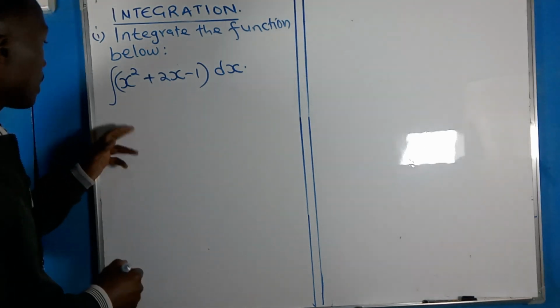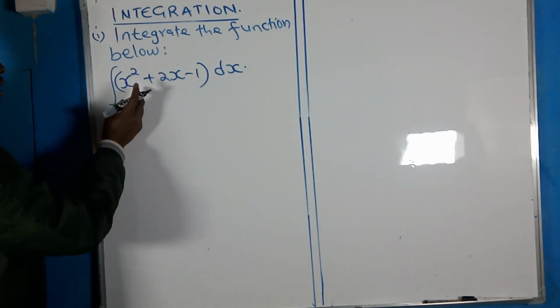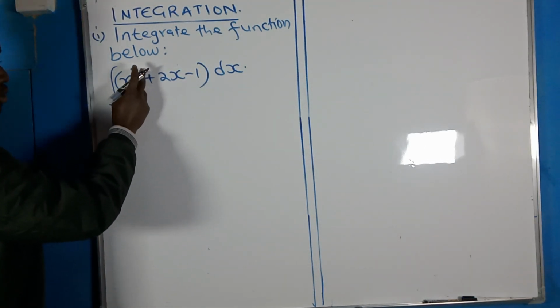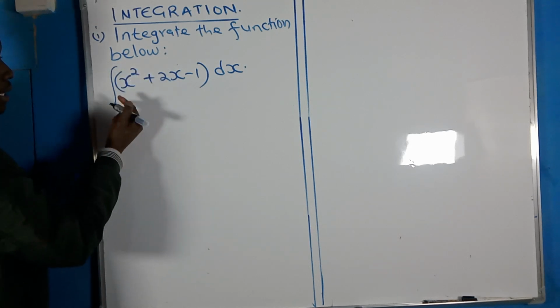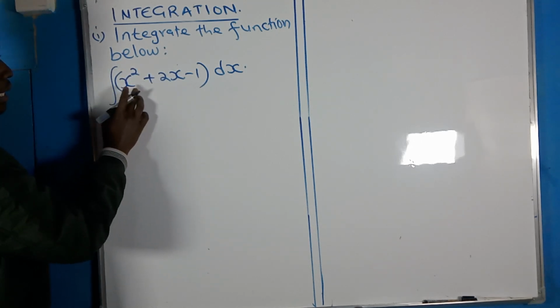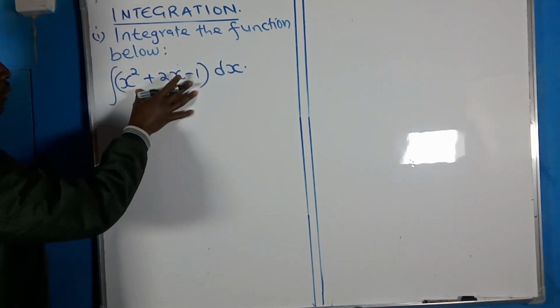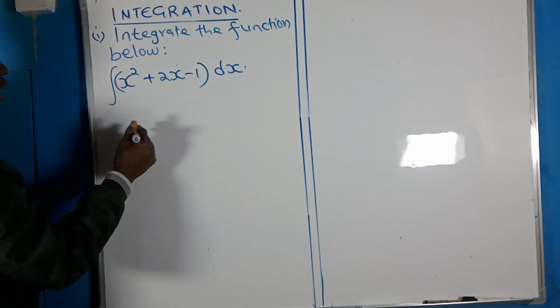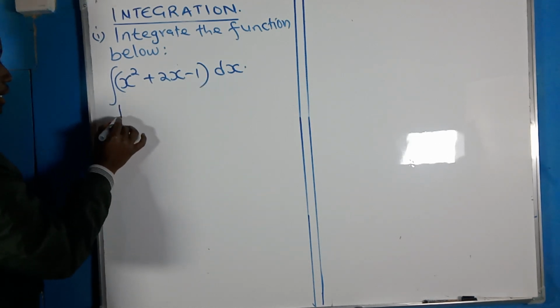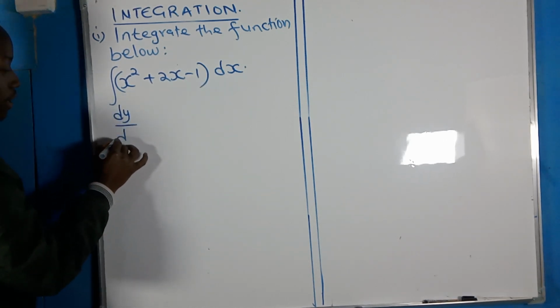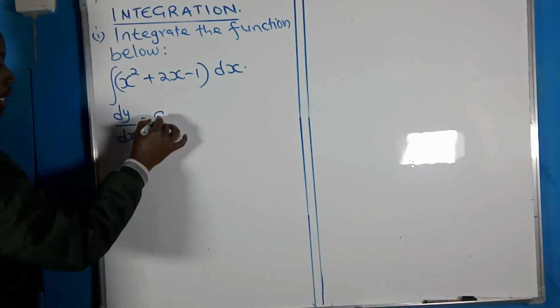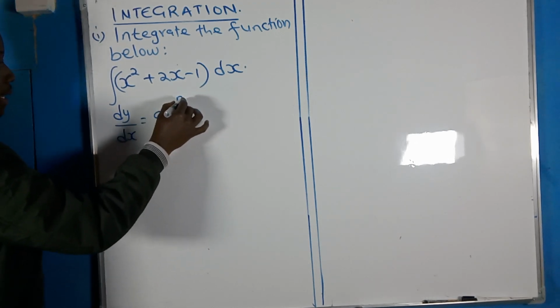Having such an equation here, for us to integrate this question, we are going to integrate every element of this polynomial with respect to x. And how do we integrate? Suppose we have our gradient function as ax to the power n.